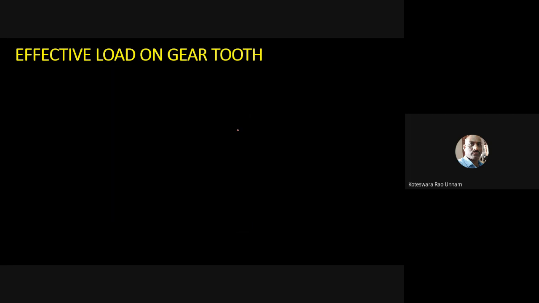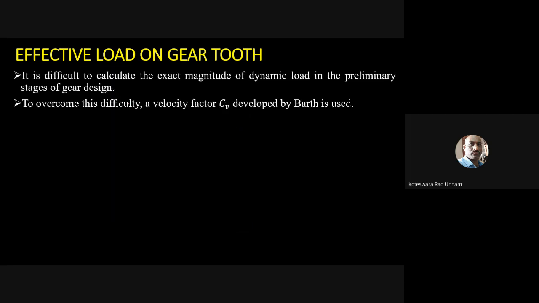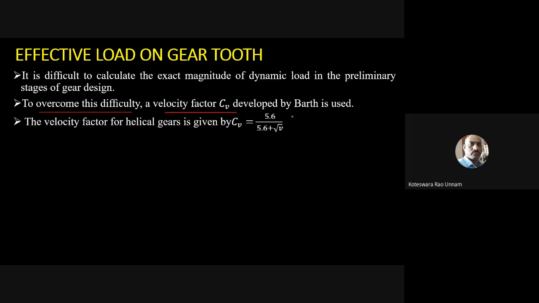Then coming to the dynamic load, if you want to use the velocity factor approach, then the velocity factor is given by CV equal to 5.6 by (5.6 plus root V). In case of spur gear you have three relations, whereas in case of helical gear you have only one relation, so you have to use this relation.